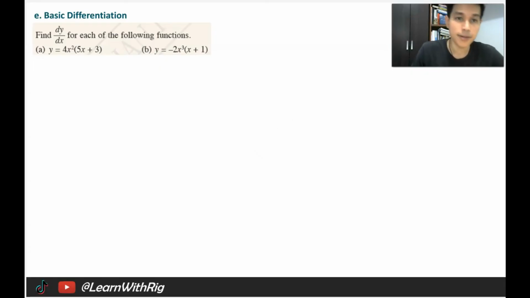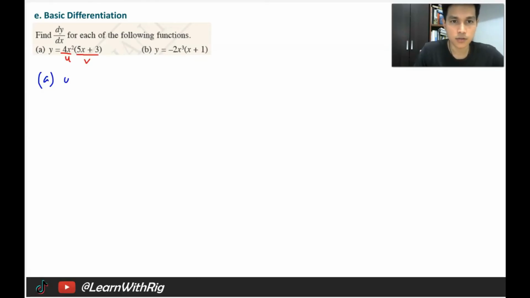Never mind, don't worry, we have more questions. For now, let us solve this using product rule. Question A, y equals to 4x squared times 5x plus 3. The front part here we assume is u and this one equals v.